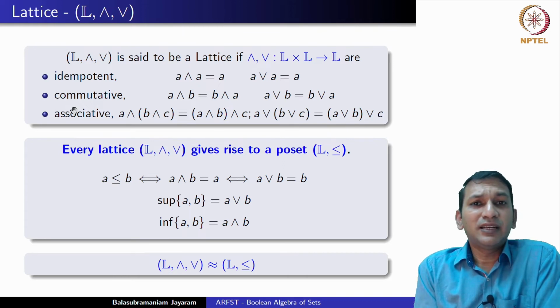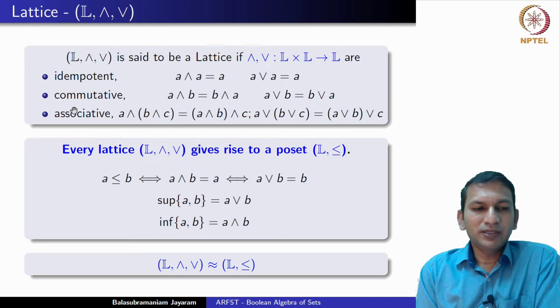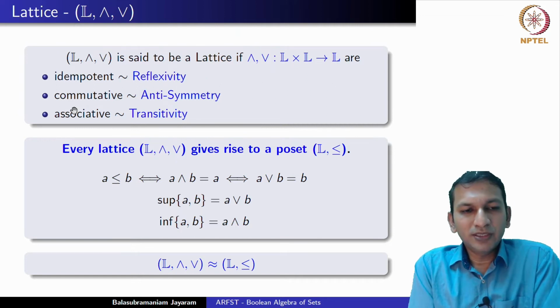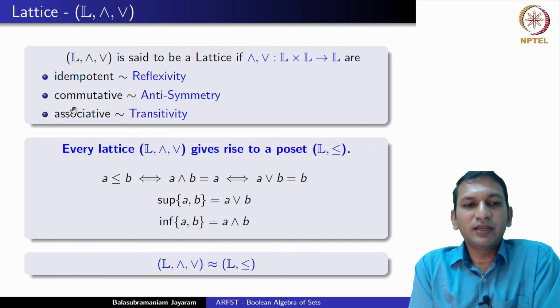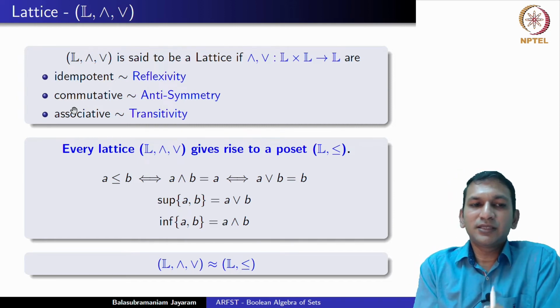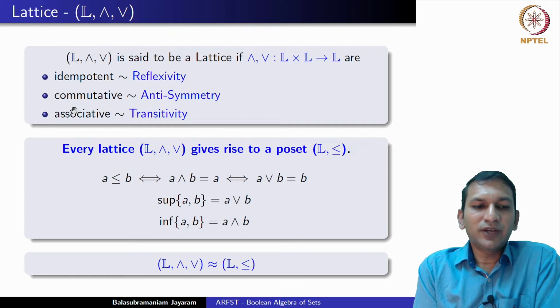These are that every pair of elements has a supremum and an infimum. Note also that it was idempotence which ensured reflexivity, commutativity ensured antisymmetry, and associativity ensured transitivity. In that sense, these properties are minimal if you want to obtain an order as defined through this relation.